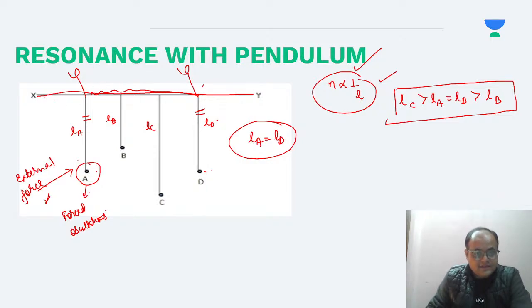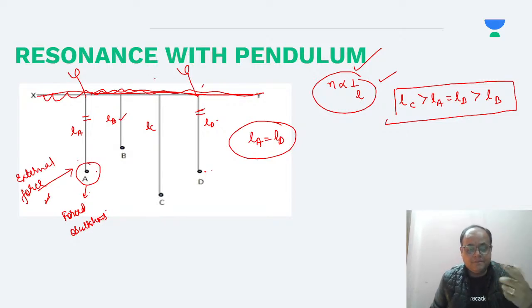So this particular pendulum will also be acted upon by a force, but that is a forced vibration. The external frequency is not equal to the frequency of B, so although they will vibrate, it will be with a very small amplitude.